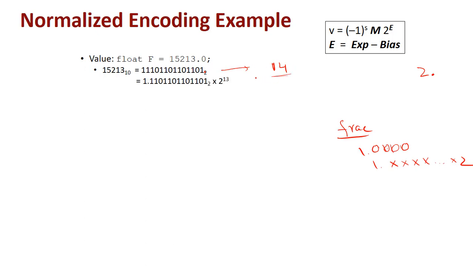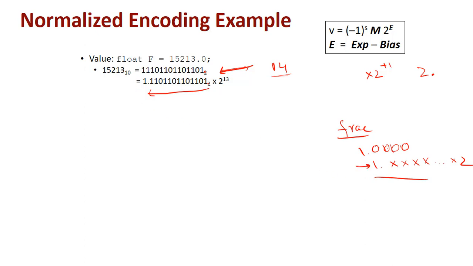how can I convert it into this particular format? I have to shift my binary point from right to left. When I shift my binary point from right to left, remember the rule, I have to multiply by 2 to the power +1 every time, and I end up in the 1.1101 format, which is required.